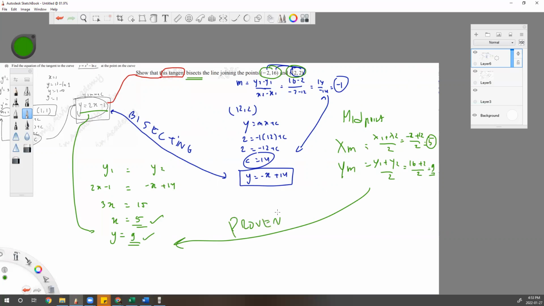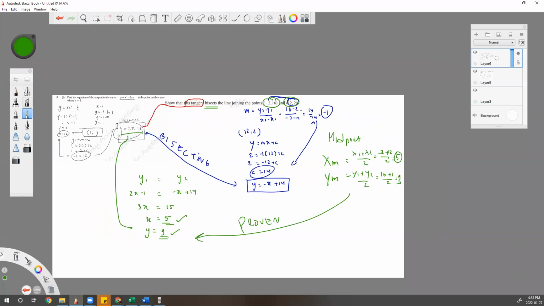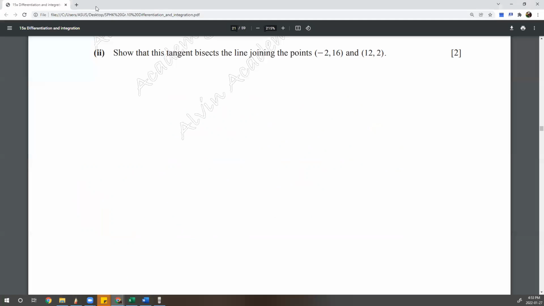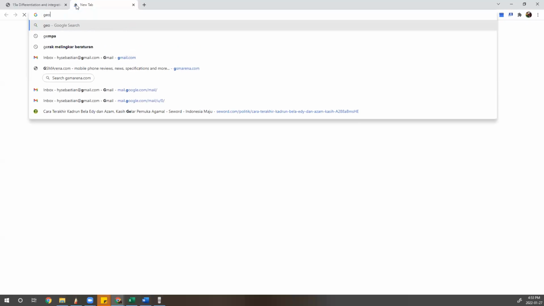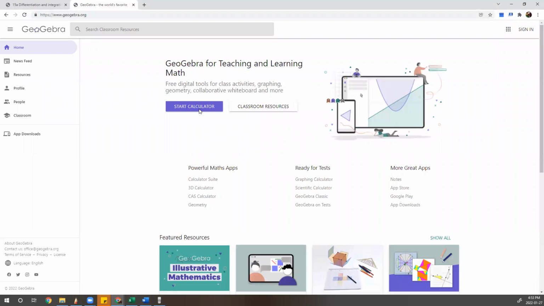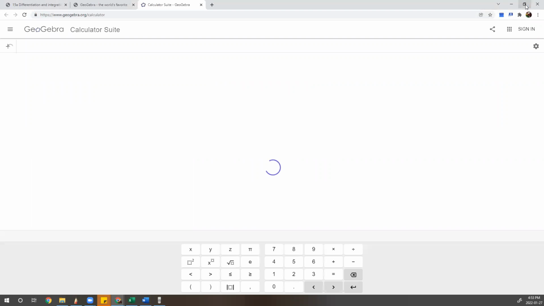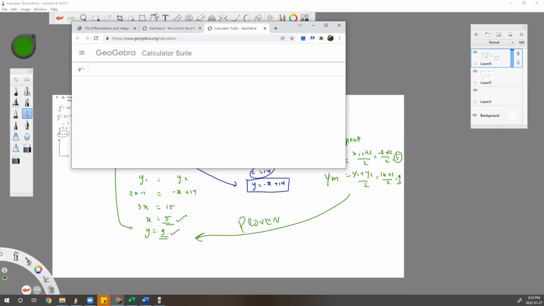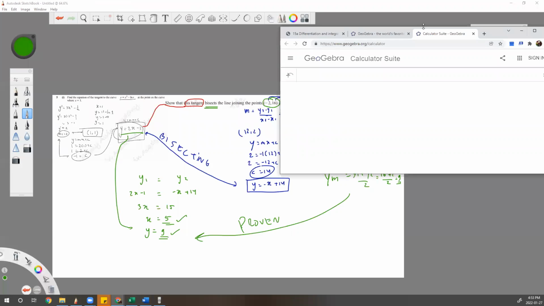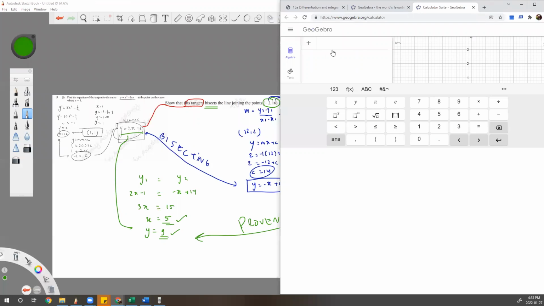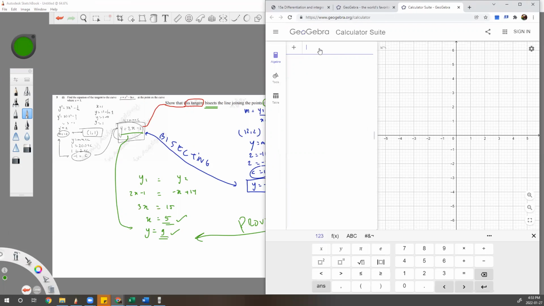So we just try to prove that this line and that point. Okay, for example, I will give you the GeoGebra proof. The equation will be y equals x minus 1, the tangent, right?